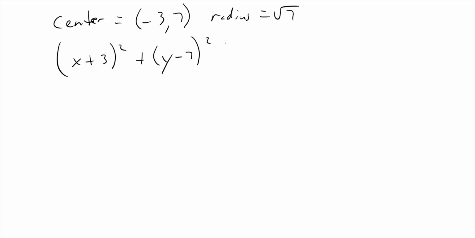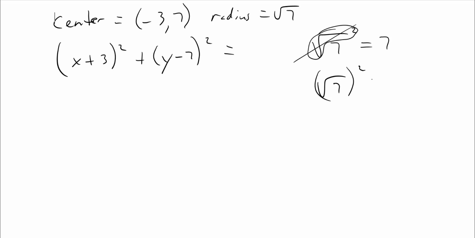Remember, opposites. Equals. Now here's the deal, guys. Think logically. The square root of 7 squared, please do not tell me it's 49. When I square a square root, it just cancels out. So my answer is 7. The square root of 7 squared is 7.